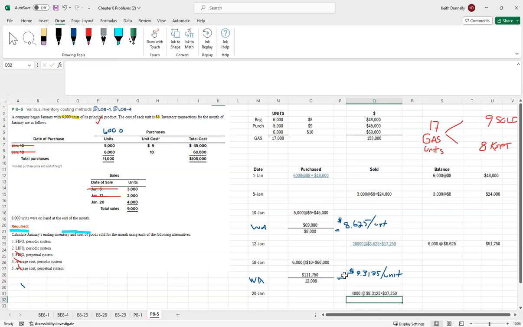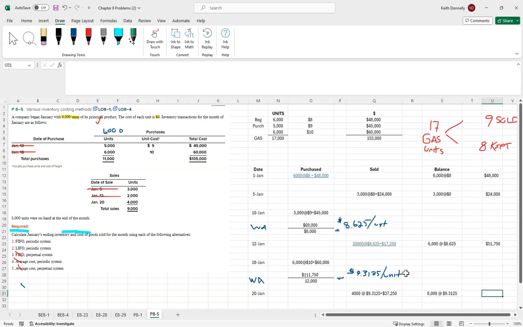It's great. So if you think about it, we were at 6, we bought 6, so we were at 12. We sold 4, so we were at 12, we sold 4. That must mean that we have 8,000 units left at that weighted average price of $9.3125.